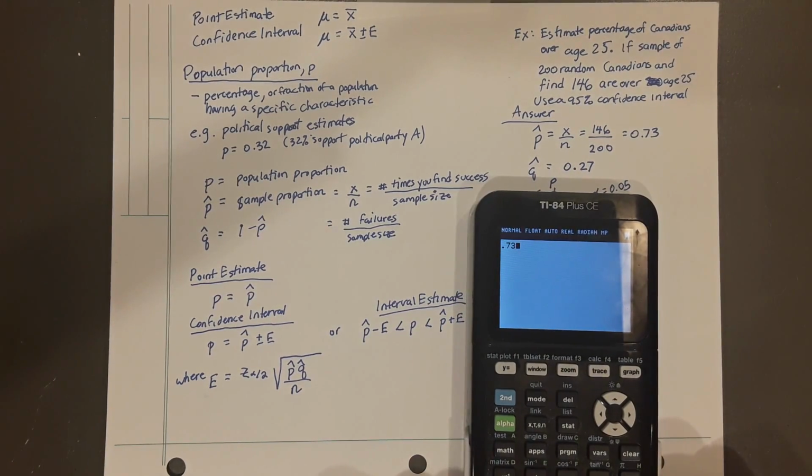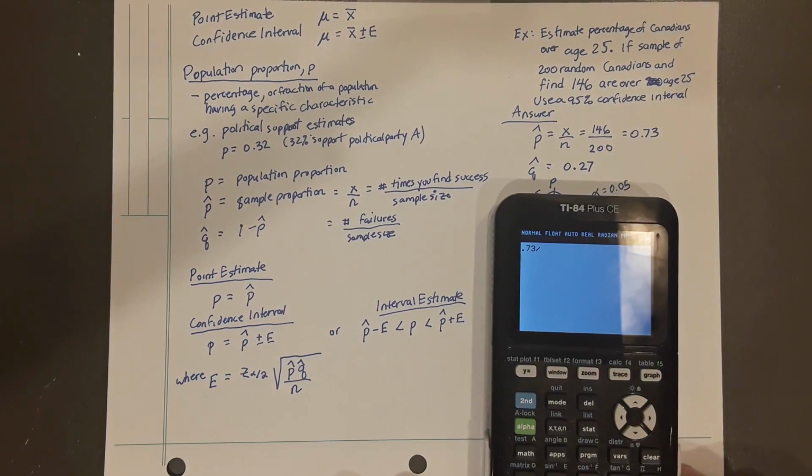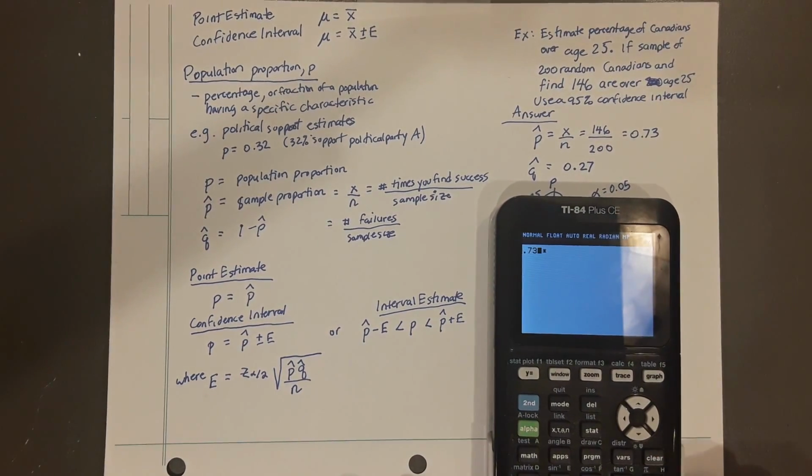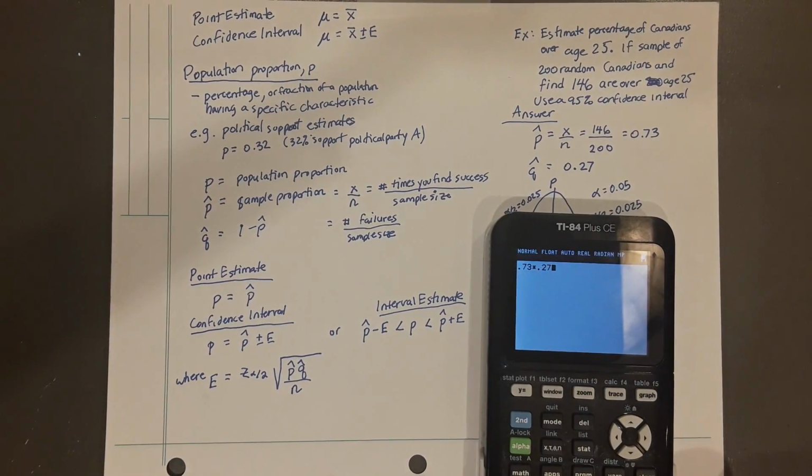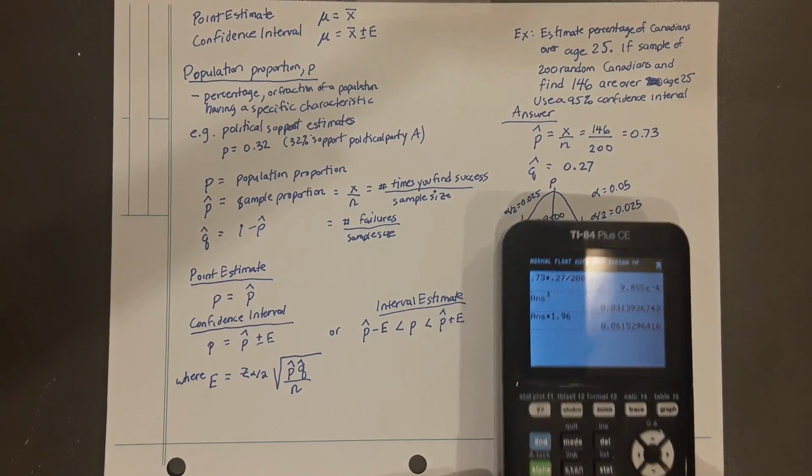The square root of that times 1.96 gives us an error of 0.0615.